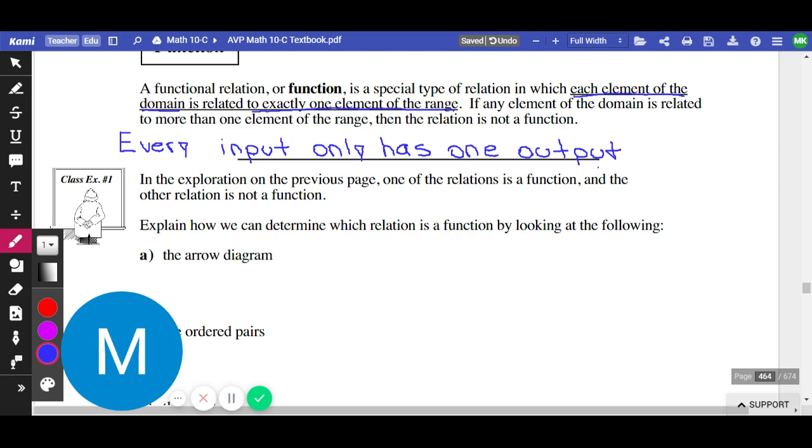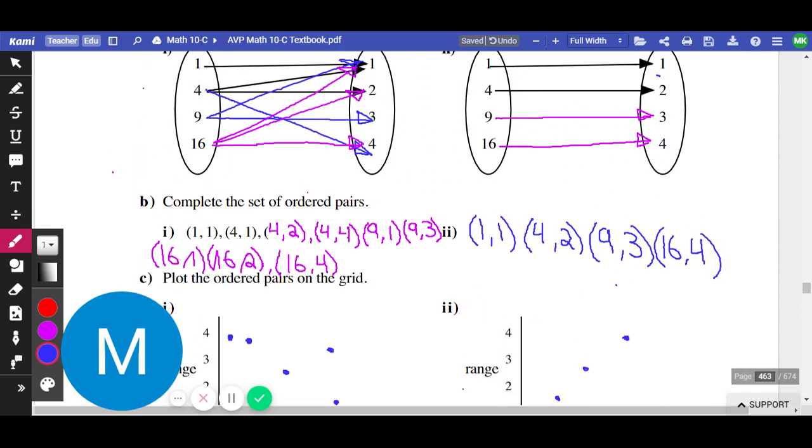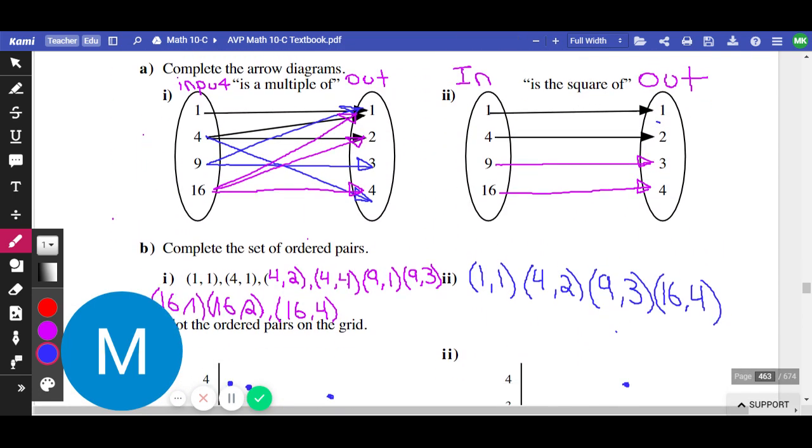And looking up at our previous question, if I said, hey, the input is 4, looking at the first question, your output could be 1 or 2 or 4. That's 3 different outputs for one input. This thing is not a function because it doesn't follow our rule.